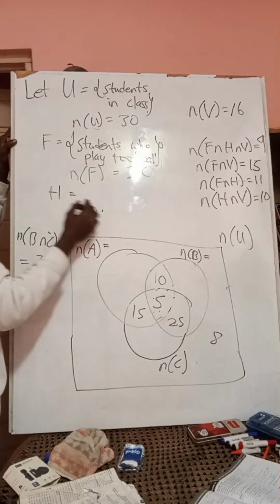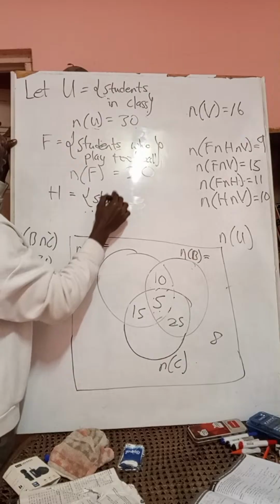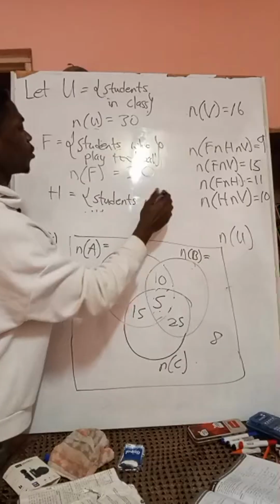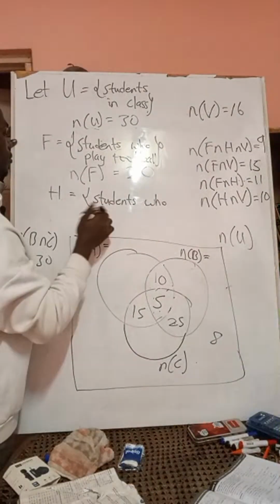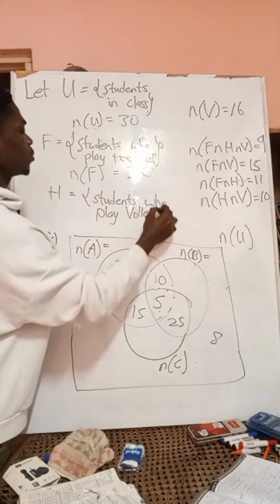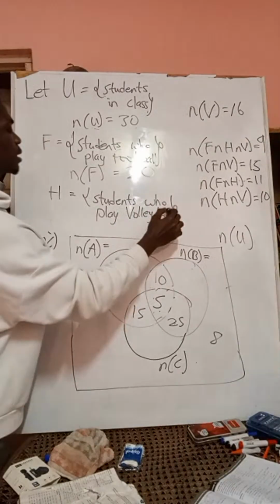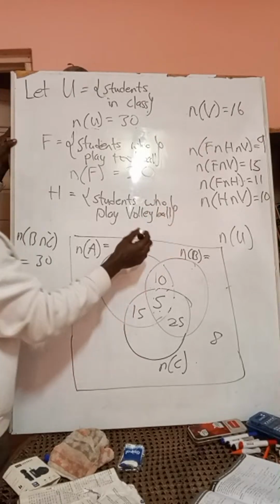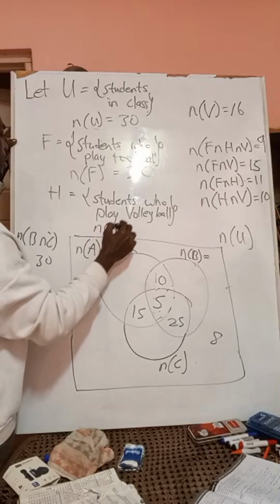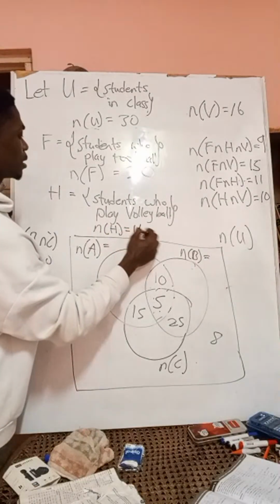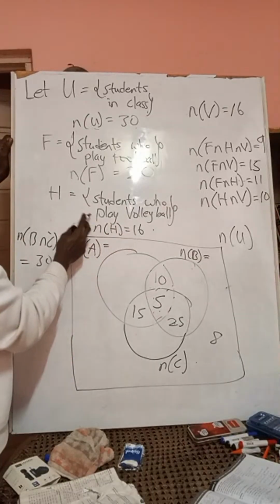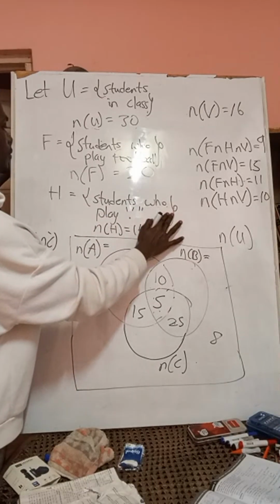Let H equal students who play hockey. Then you close it. That's it. Then after that you write number of H equals 16. It's the same thing here too. This is for hockey.